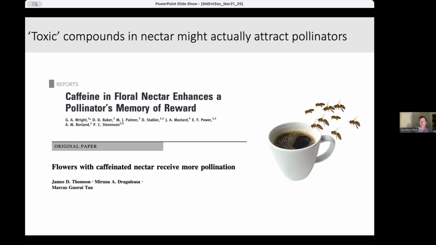There have been a number of studies showing that caffeinated flowers attract more bees, seemingly because it makes those bees remember the flowers better and more likely to come back, and if they're a social bee, to tell their nestmates to go out and find those same flowers. So even though these compounds may be toxic in high doses, at low doses, just like us, bees perform tasks more efficiently with a little bit of caffeine.